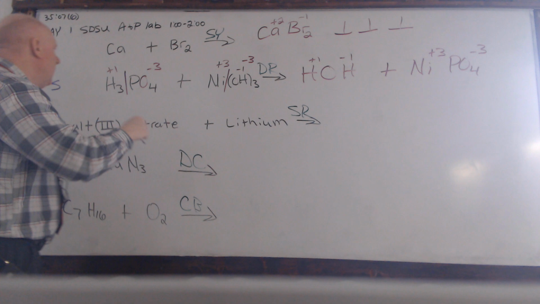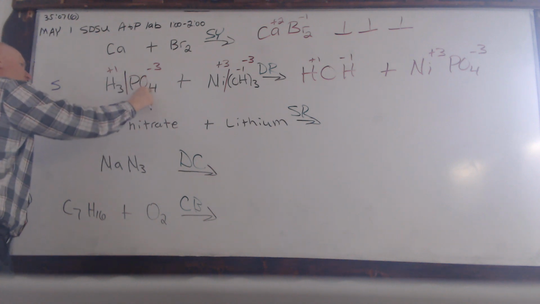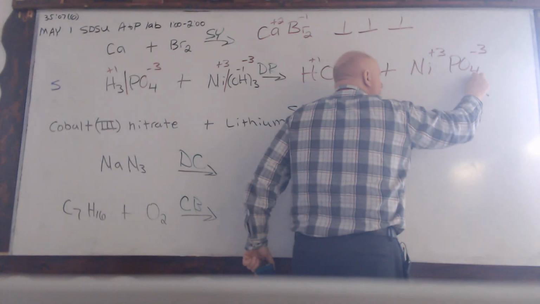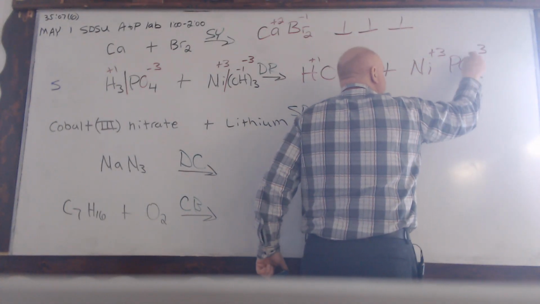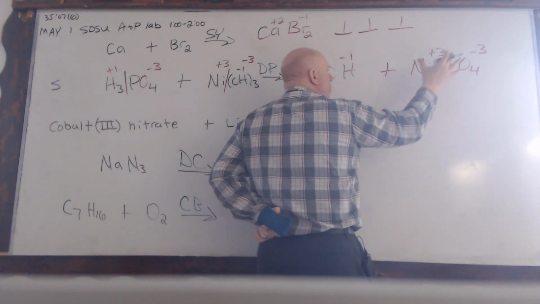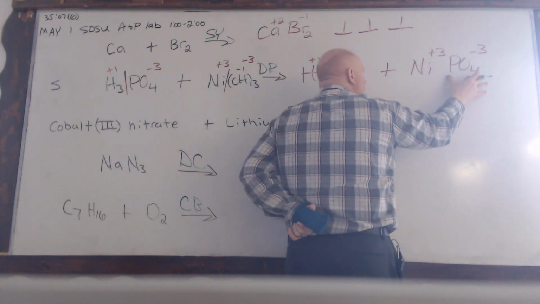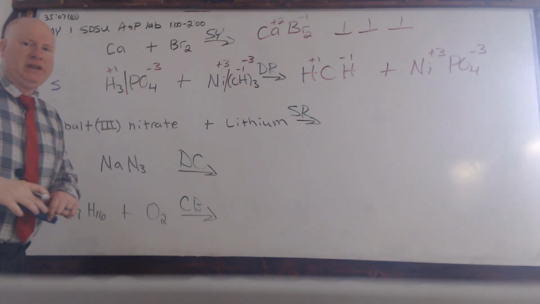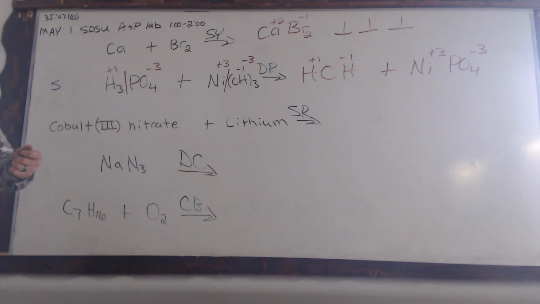Here we had 3, because that was the only subscript that came over to this side for sure, because it's part of the formula. This adds up to 0: 1 nickel atom +3, 1 phosphate ion -3. That now adds up to 0. So now we can proceed with balancing that chemical reaction.